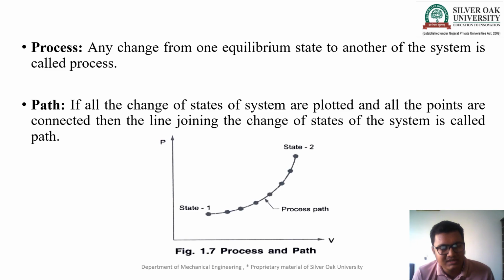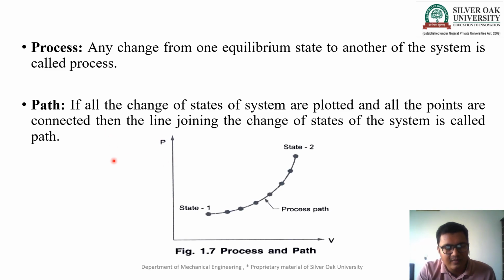So process means any change from one equilibrium state to another of the system is called a process. And path means if all the changes of state of the system are plotted, like here you can see, state 1 is Ahmedabad, state 2 is Vadodara, and 1, 2, 3, 4, 5 are the certain stages.